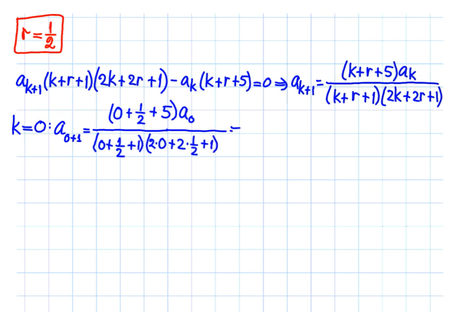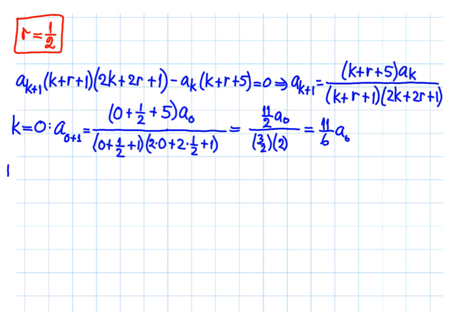Now if we simplify, we will have on the top 5 plus 1/2, so it just says 11 over 2 a naught. The bottom is 3/2 and 2 times 2. So that gives us divide by 3 at the bottom, so 11 over 6 a naught. Right, so that's k equal to 0.